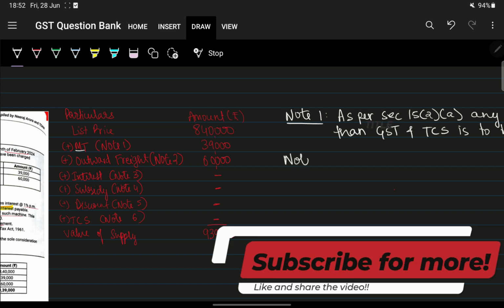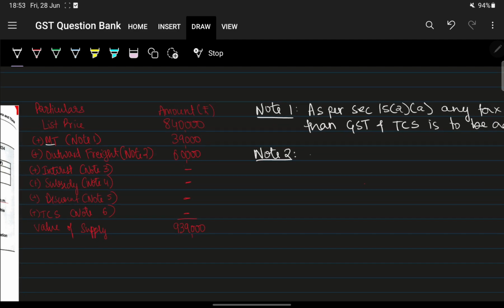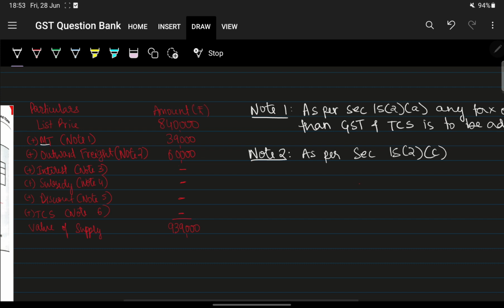Now outward freight is an incidental expense, which is covered under that incidental expenses clause itself. So as per section 15 subsection 2 clause C, what do you see? Incidental expenses.